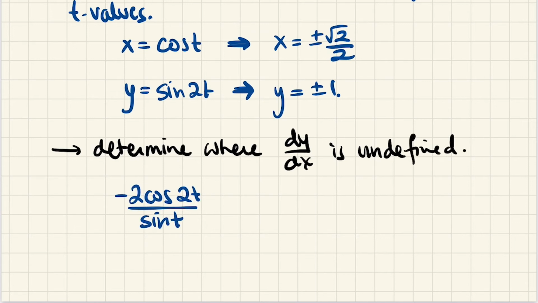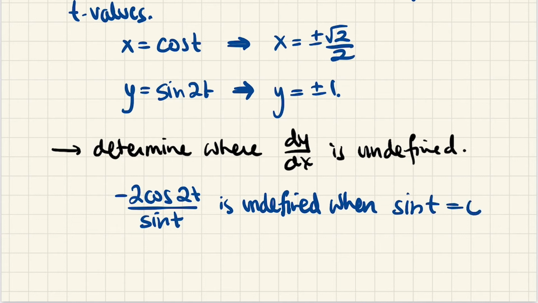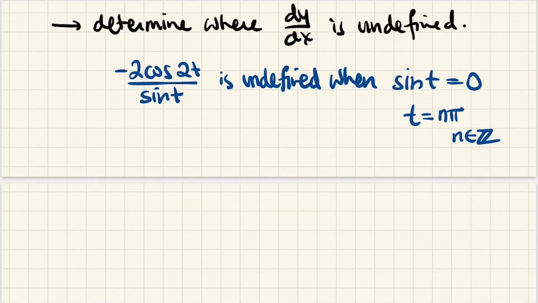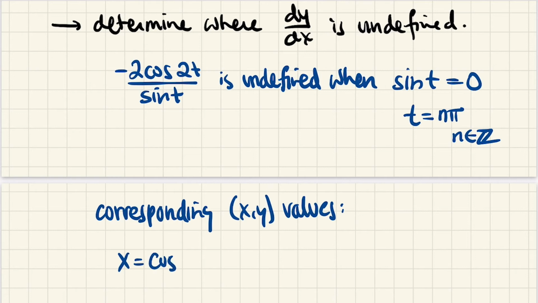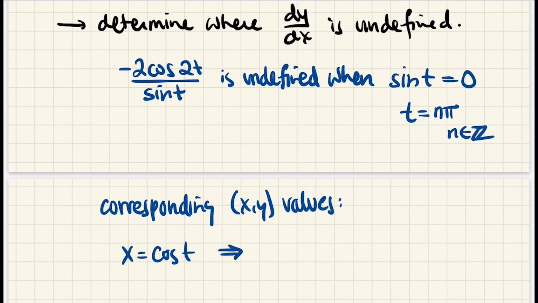So here's dy/dx, and we can say that it's undefined when the denominator, sine of t, is equal to 0. So that's just the equation that we have to solve. Okay, well, we know that this occurs at multiples of pi. So corresponding xy values, well, x is cosine of t.